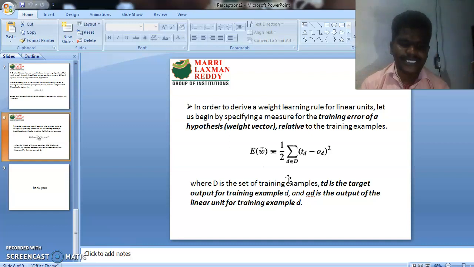When we update the weight, we calculate that error. The error of the weight is equal to half of the squared difference between the target output t_d and o_d, the output of the current training example. Okay, these two rules are used in artificial neural networks.